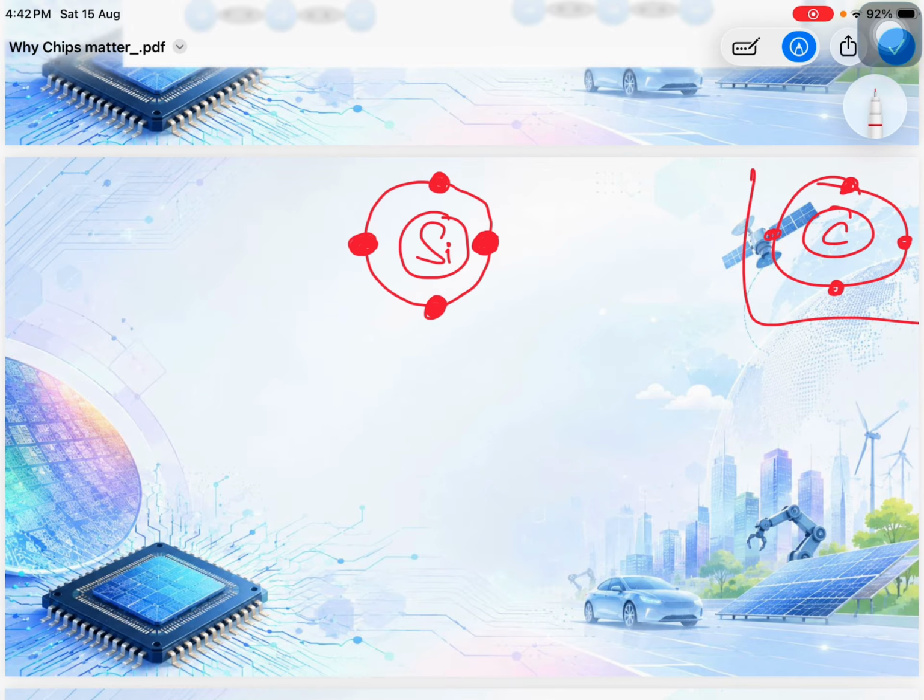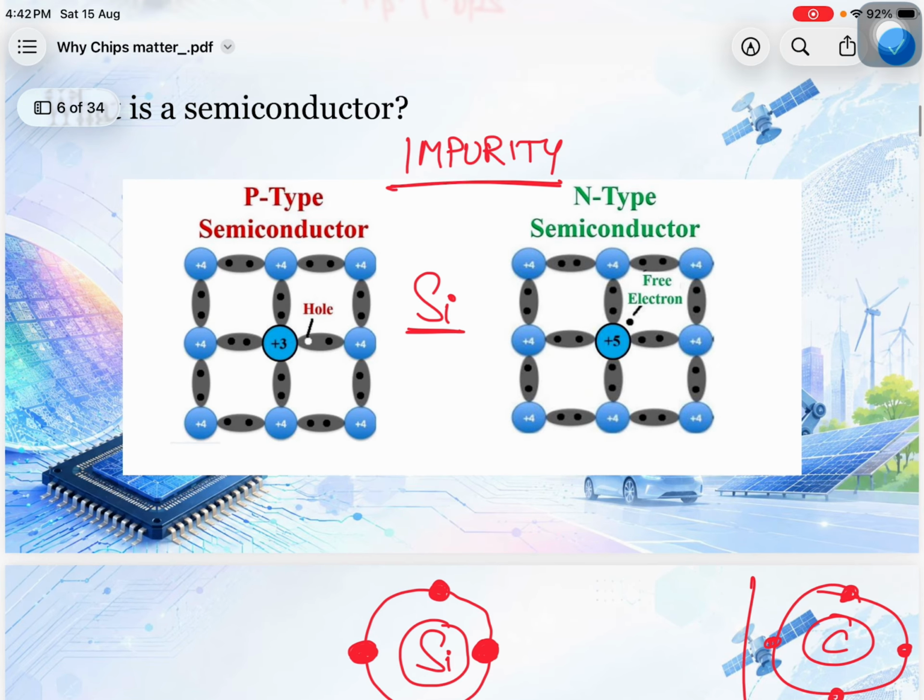Now, silicon, as you can see in the diagrams above, all these plus 4 blue circles are silicon atoms, and they are perfectly combined with each other. In chemistry terms we call it a lattice.